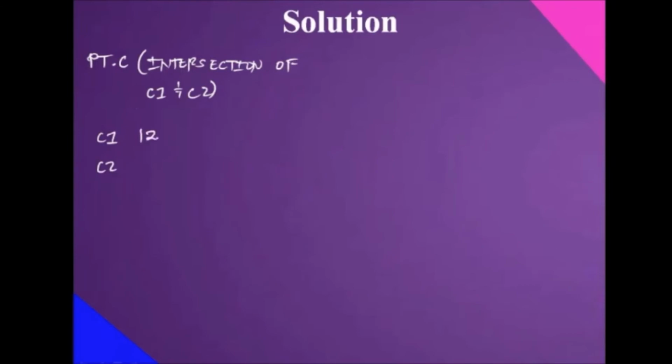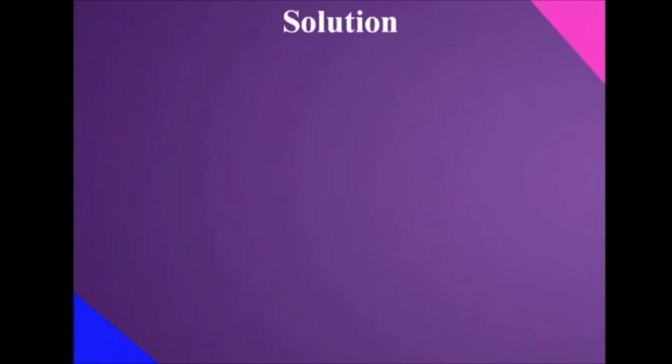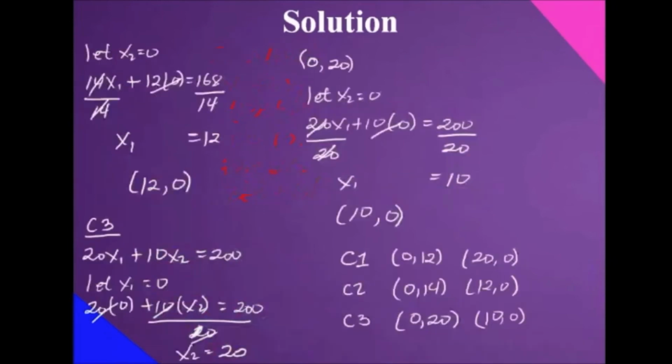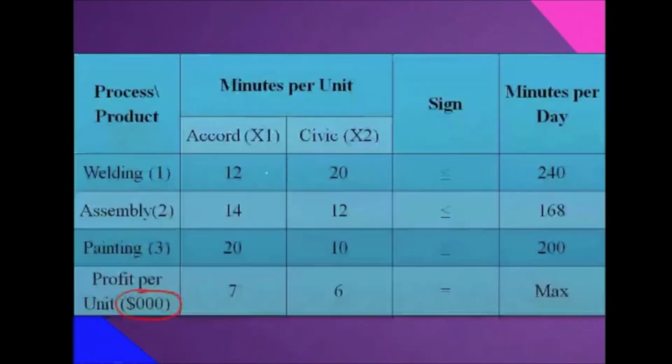Constraint 1: 12 x sub 1 plus 20 x sub 2 equals 240. Kung nakakalimutan nyo kung saan galing yan, dito lang din po sa ating mga table. Ayan, 12, 20, and 240.